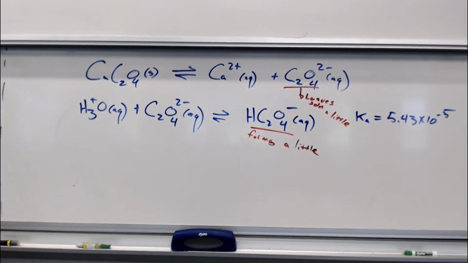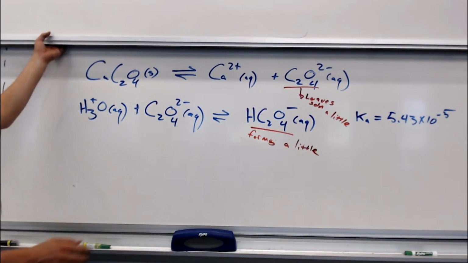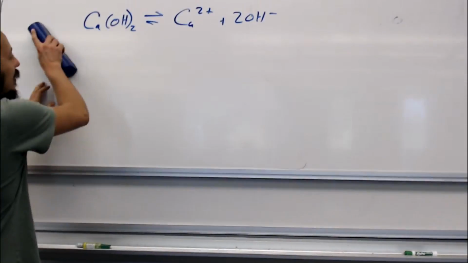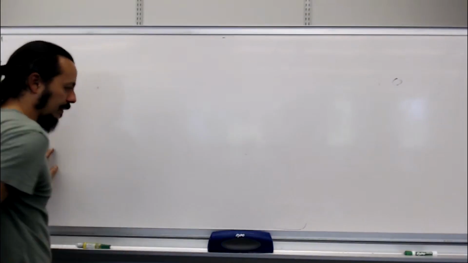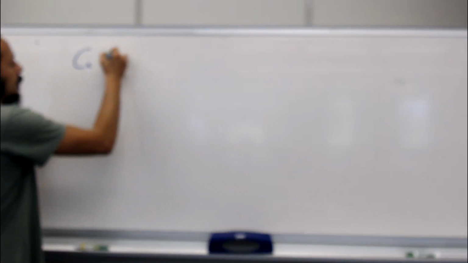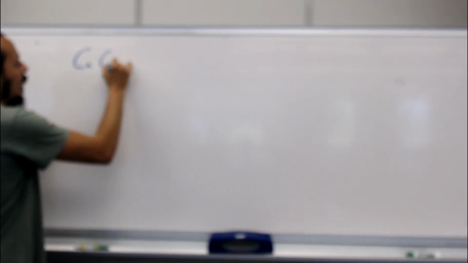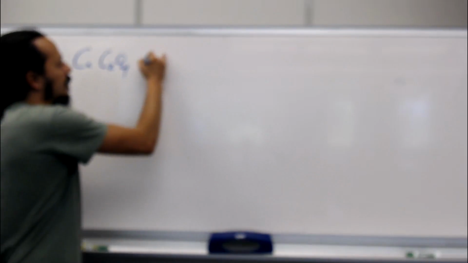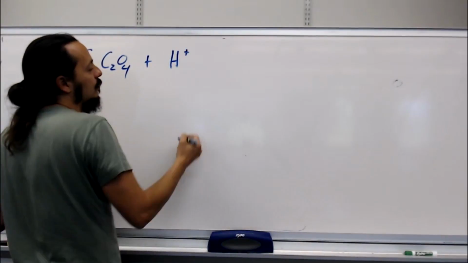Do we need to see part C? I'm seeing like 2 people not. Okay, let's look at part C. So if we're looking at part C, we've got calcium oxalate plus acid.